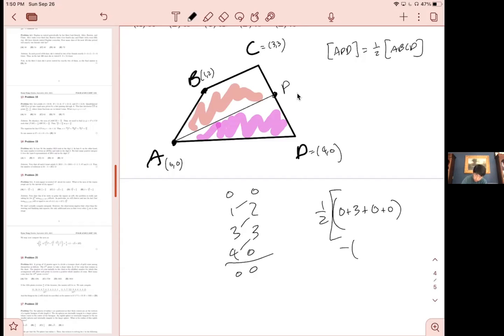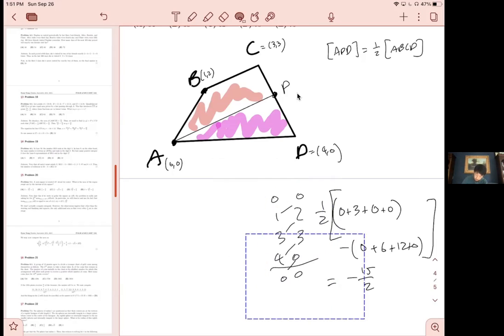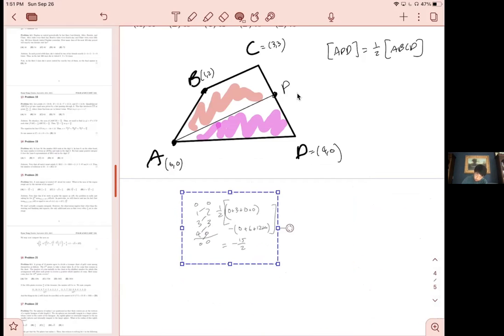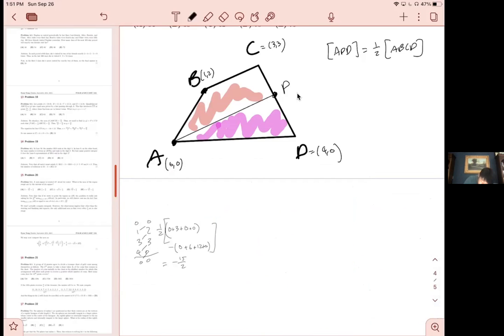Minus the ones in the other direction, which is minus 0, plus 2 times 3 is 6, plus 3 times 4 is 12, 0, which equals negative 15/2. Yeah, so using shoelace, the area is 15/2.